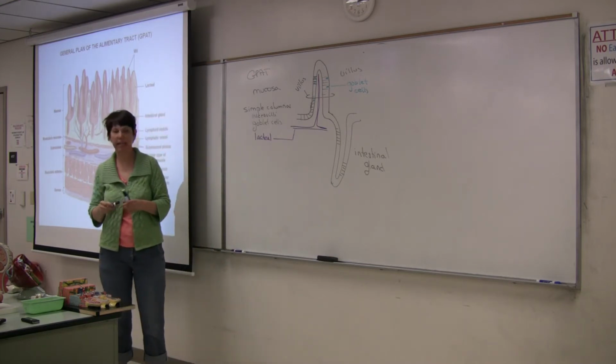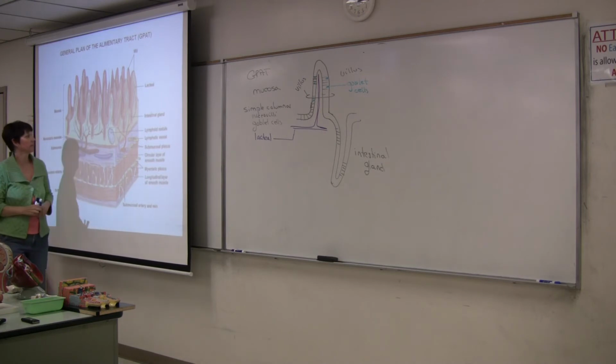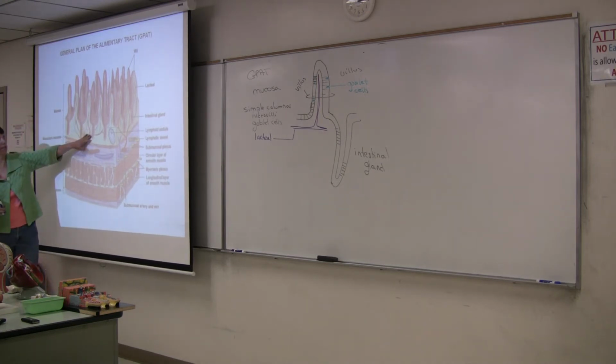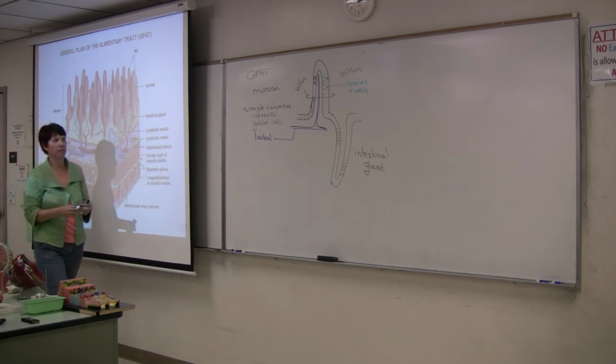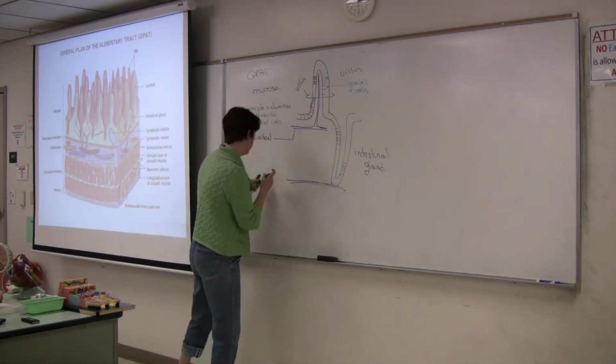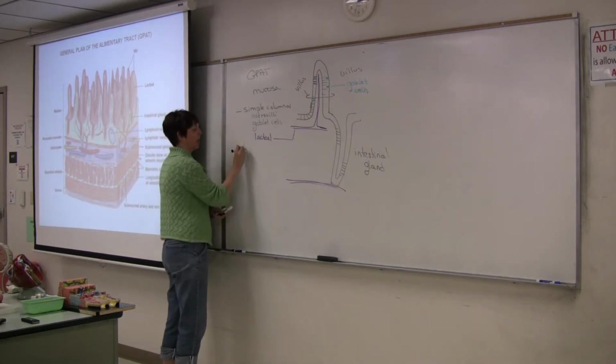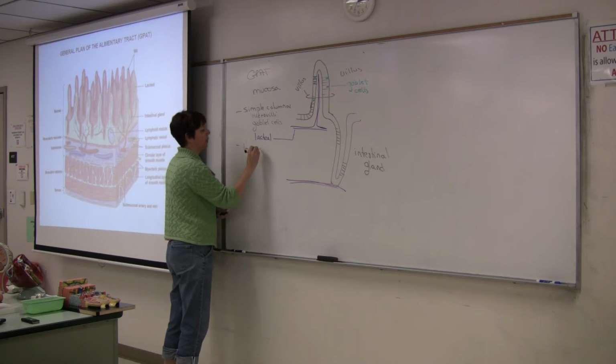Those are present only in the small intestine. Okay. So here are the intestinal glands, here are the villi, and then we have our loose irregular connective tissue and a muscularis mucosa.